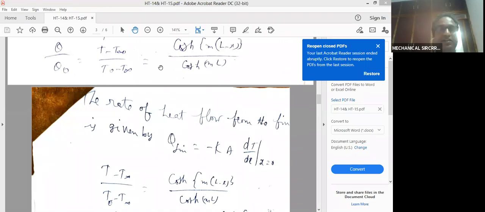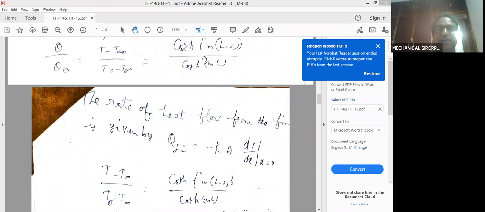So T is the temperature at any value of x, T free stream is the temperature of the surrounding fluid, and T naught is the temperature at the base.